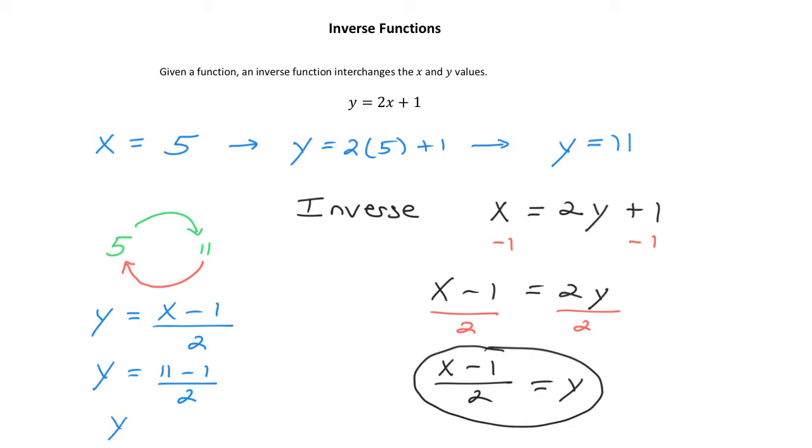And if I simplify this, I get 10 over 2, and I get 5. So I chose x equals 5, which went to 11. But I could have picked any x value. I could have picked 100 or -1, and this process will always work for this given function.